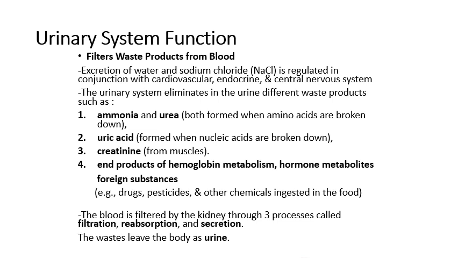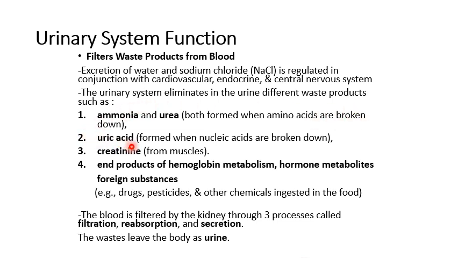Also, the urinary system and the kidneys eliminate many waste products that are formed in our bodies and should not stay or accumulate, because this will harm and disrupt the homeostasis of our system, such as ammonia and urea, which are formed when amino acids and proteins are metabolized or broken down.